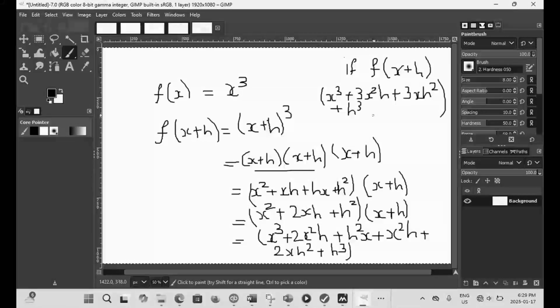So this is basically how you solve for the function of x equals x cubed.